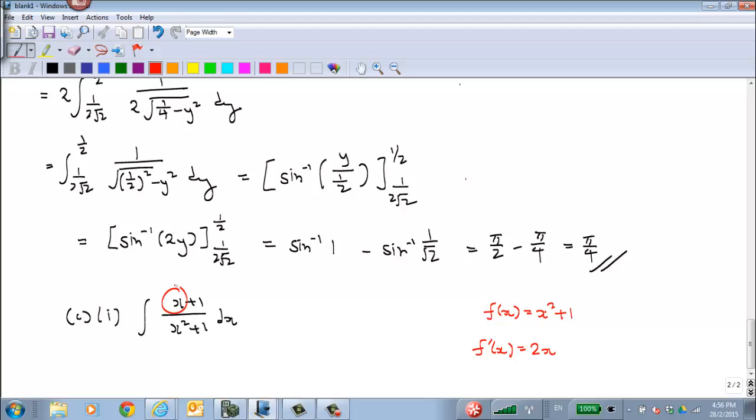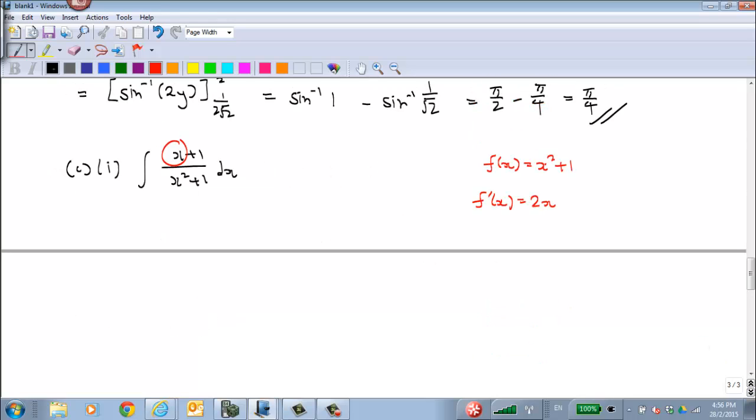I do, because it's here. However, because there's an extra plus 1, the strategy for the very first step is I will split the integral.